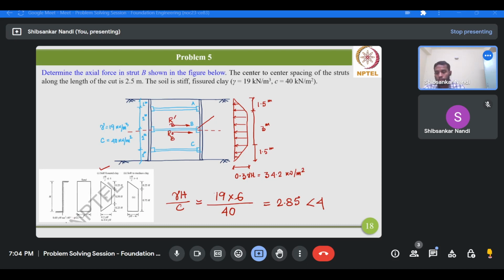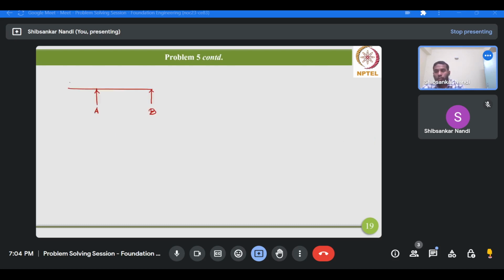So RB will be a summation of these two, RB prime plus RB double prime, and this will give you the axial force in strut B. Now how does the distribution look like?